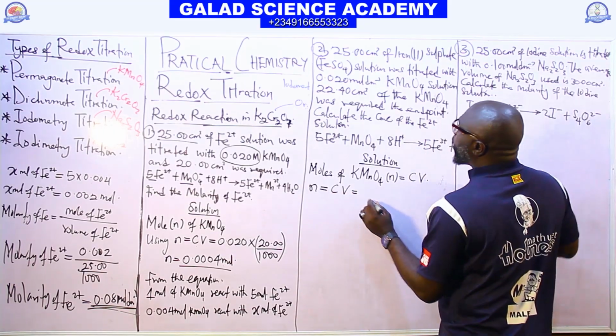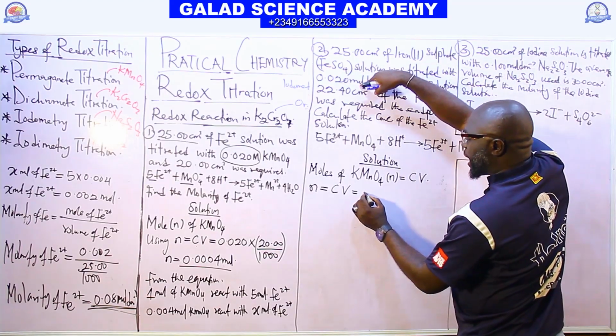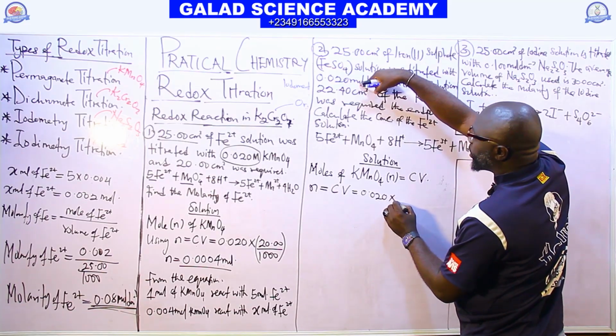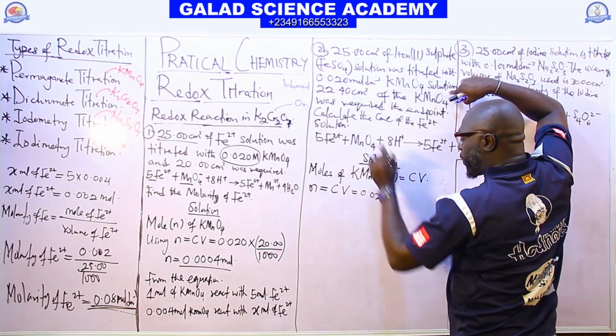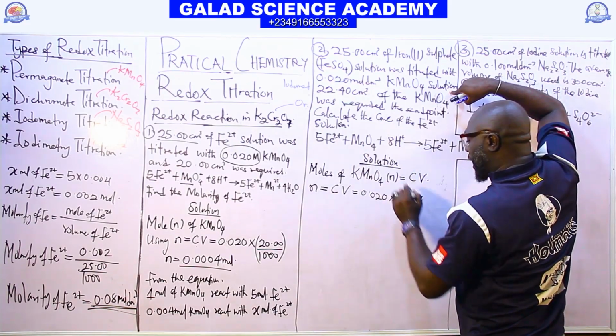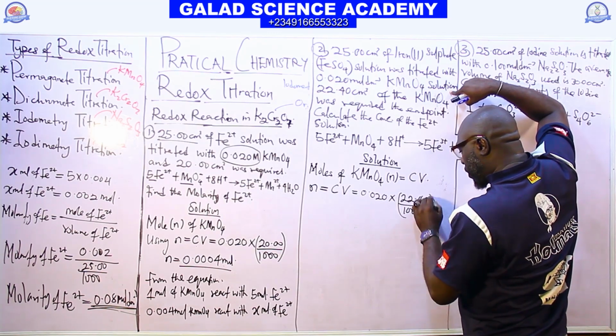The molar concentration of KMnO4 is 0.02, multiplied by the volume of KMnO4, which is 22.4 cm cube, divided by 1000 to make it dm cube.